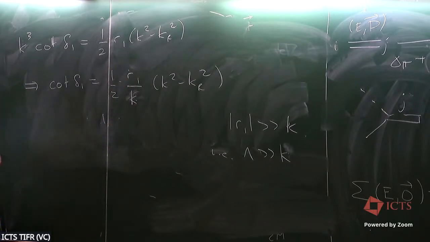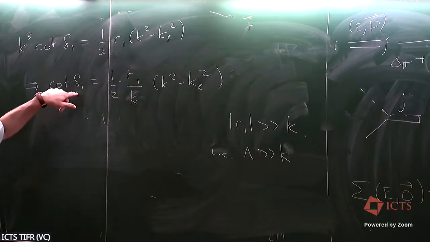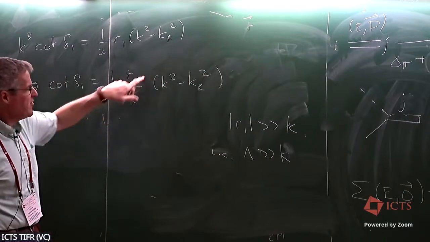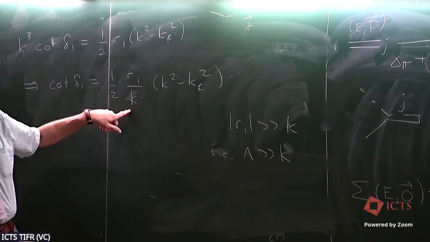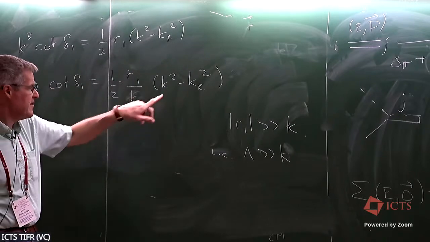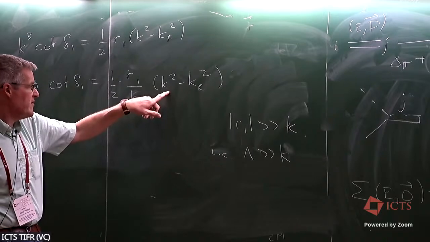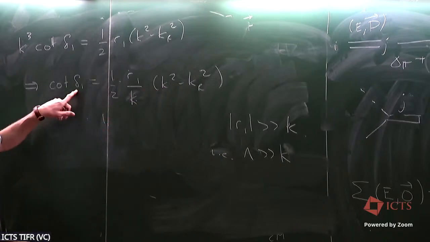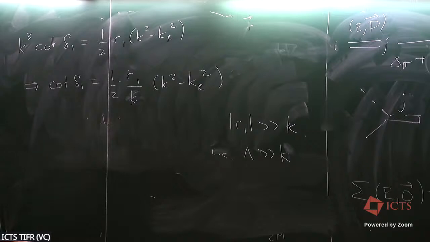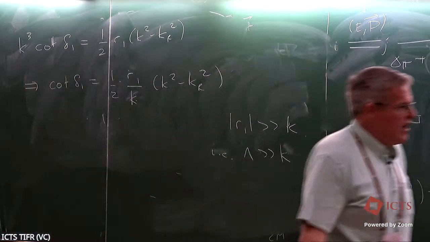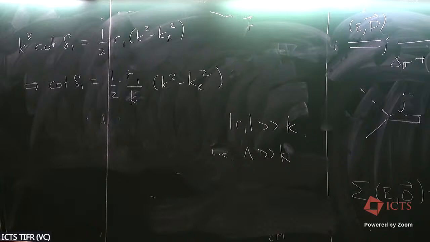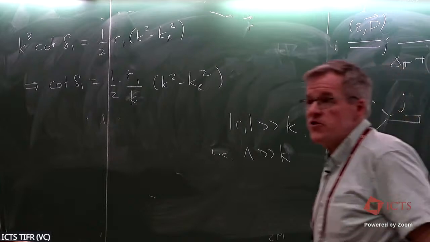Cotangent delta big means delta small. But if this happens to be close to 0, that can offset the bigness of this. There will be a point when this goes to 0, and when this goes to 0, delta goes through 90 degrees, which is the characteristic signature of a resonance. And then obviously, you can't expand in ik cubed over k cubed cotangent delta if k cubed cotangent delta is approximately 0, which is what happens at a resonance.